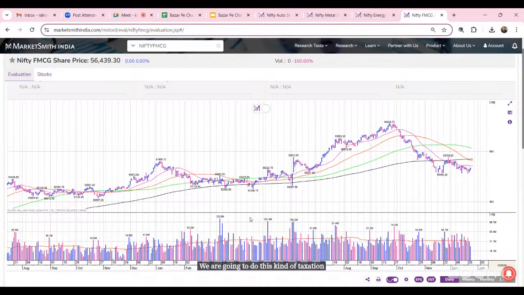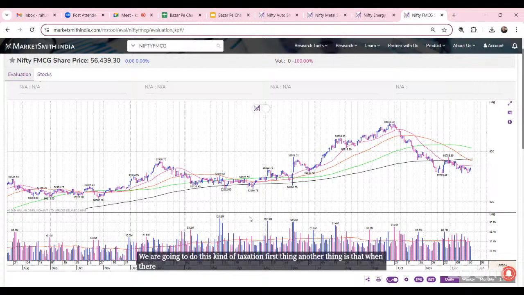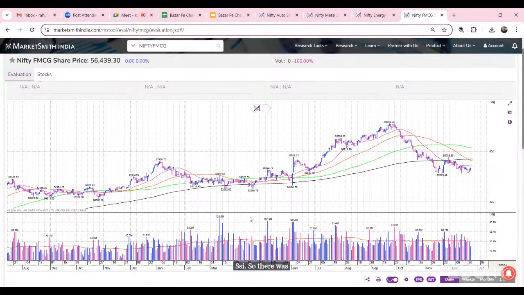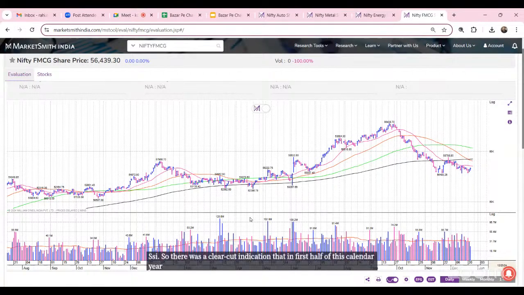First thing. Another thing is that the second quarter data from RBI and the Statistical Survey of India gave a clear-cut indication that in the first half of this financial year, less spending happened from the government. So the government has to do a lot of spending in the second half of the financial year 2024-2025.